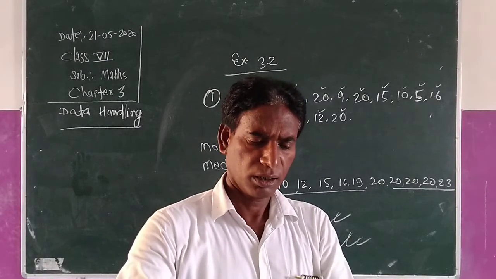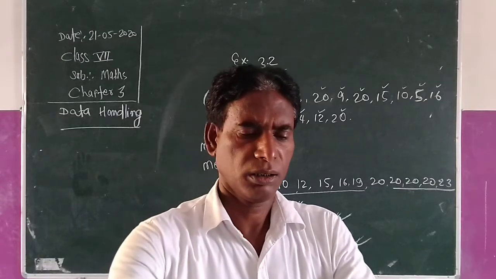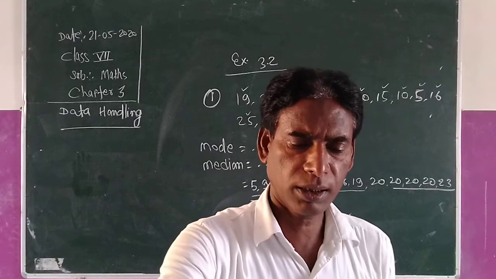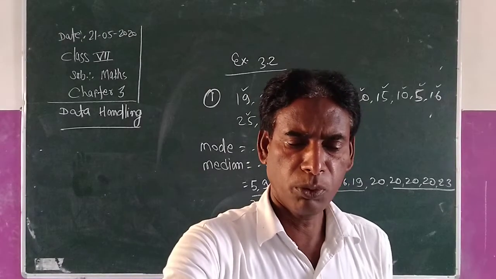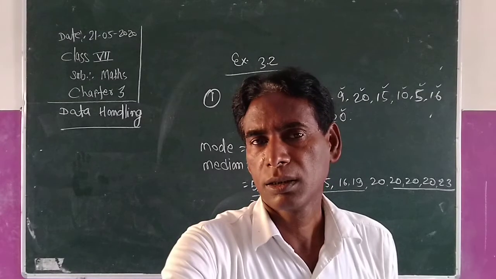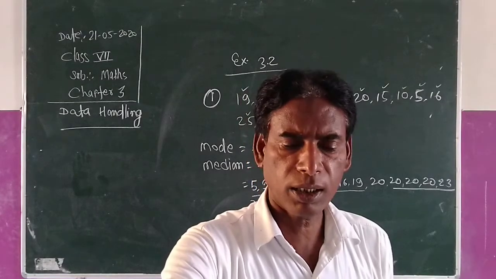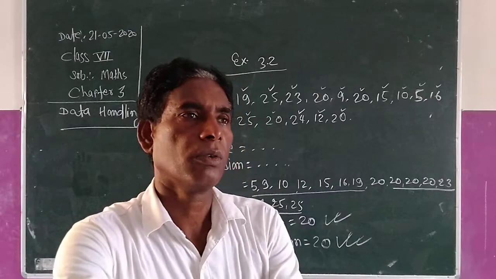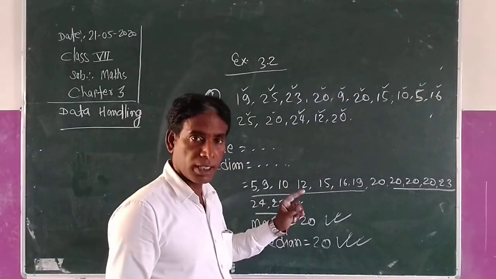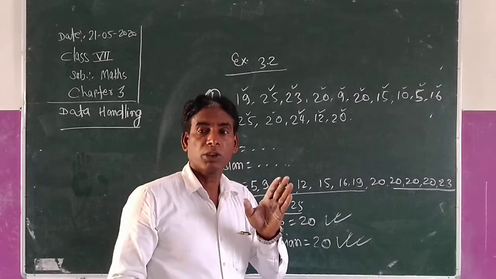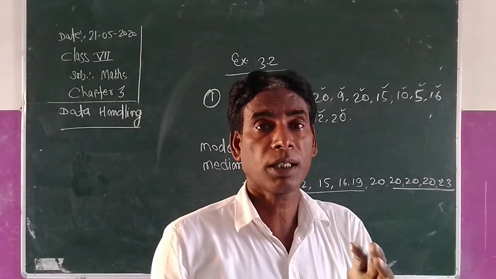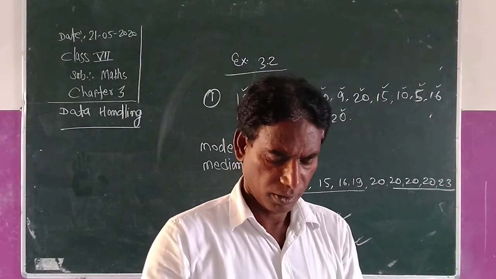Third question: the weights of 15 students in a class are given. Find the mode and median of this data. First you arrange the given data in ascending order, then you find the mode by the definition, the number which occurs most often. And the middle data is the median.